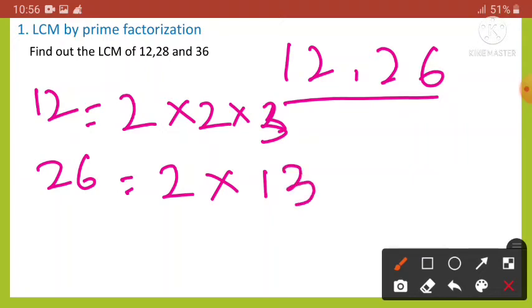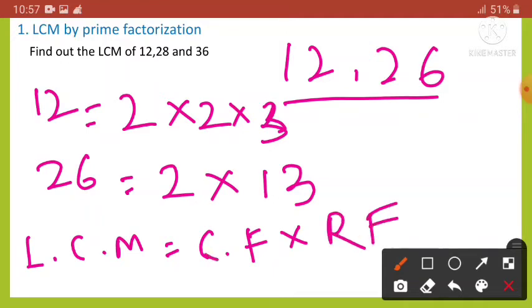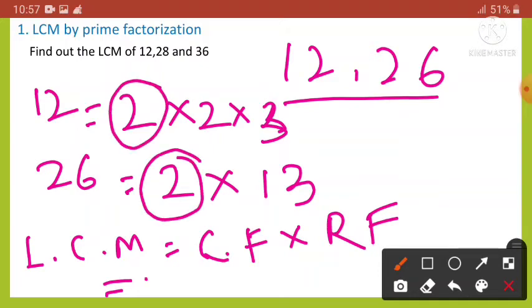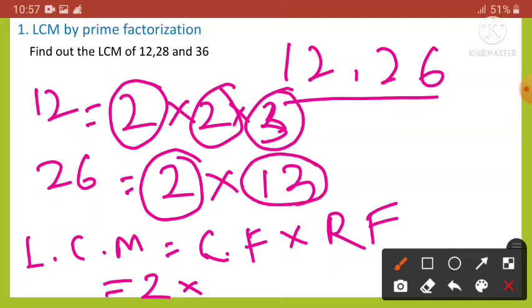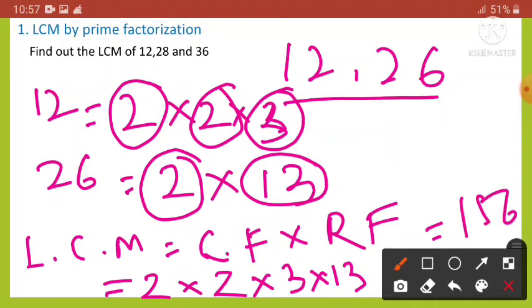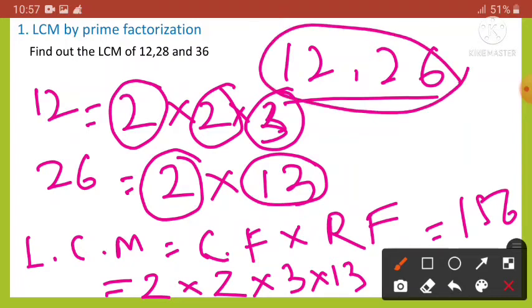We know LCM equals common factor into RF, the remaining factor. The common factor is 2, available in both, and the remaining factors are 2, 3 and 13. If you calculate the product, you will get 156. So 156 is the LCM of 12 and 26.